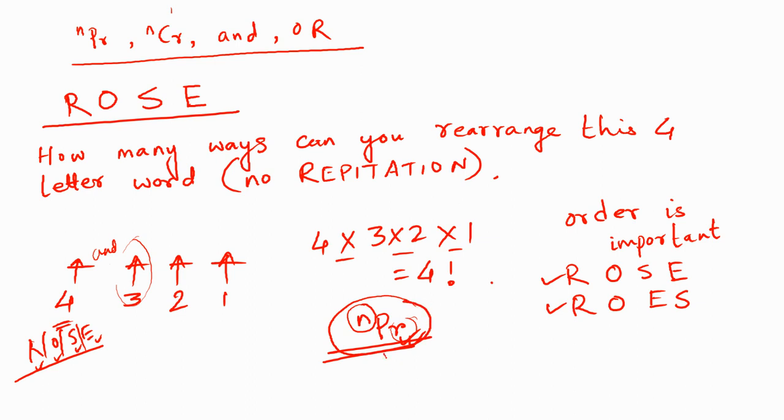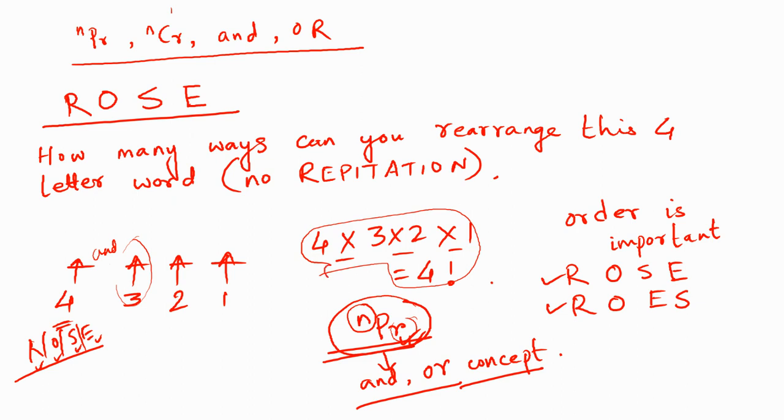And how did we derive it? We used the AND and OR concept to derive it. Basically every problem can be solved by first principles, like simple AND and OR, but we also remember this formalized formula nPr.